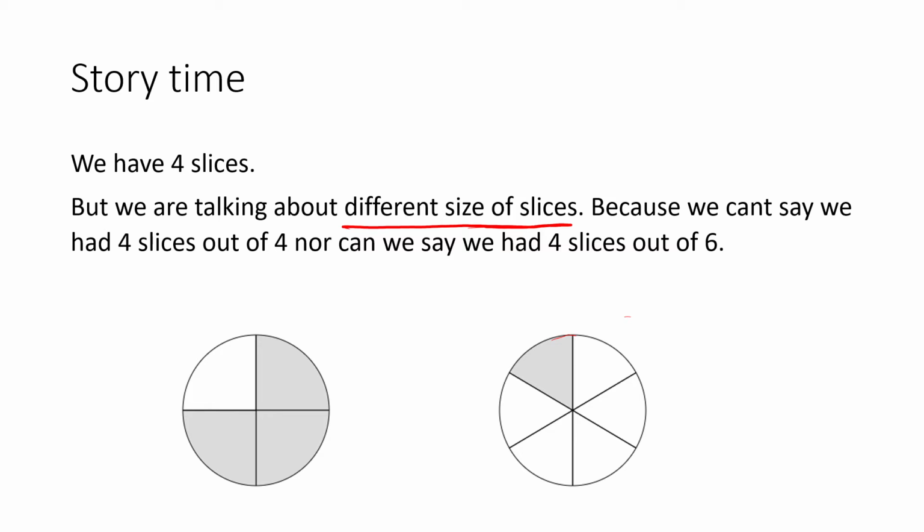You can see that if you overlap the slice of the pizza that is cut into 6 to the pizza that is cut into 4, it's not going to fill the whole thing.